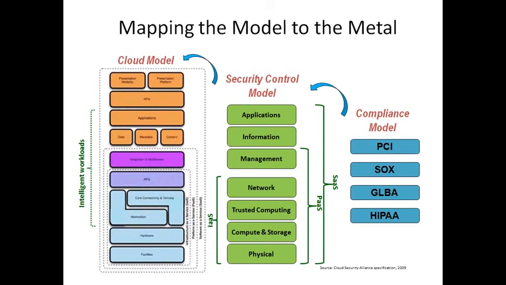If we map such a model to the metal, the cloud model from IaaS, PaaS, and SaaS, from the bare hardware, middleware, and applications on those operating systems, can be formed into a security control model. The IaaS part consists of the physical, compute and storage, and network.